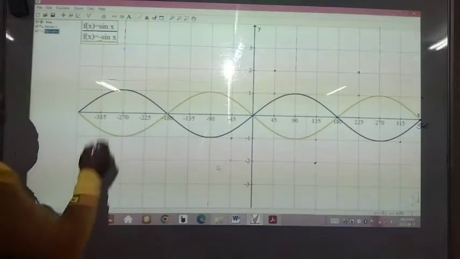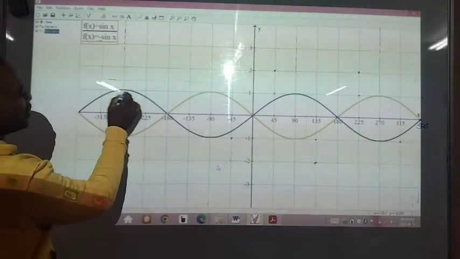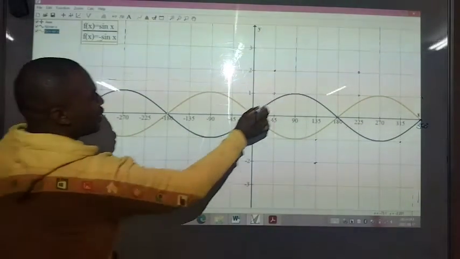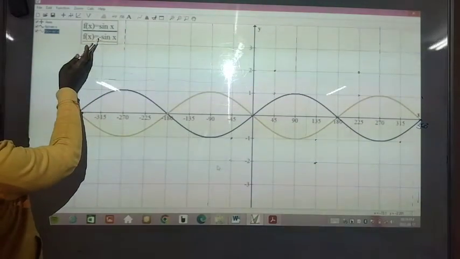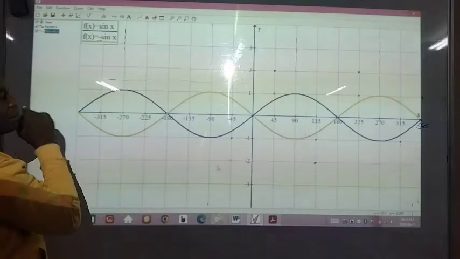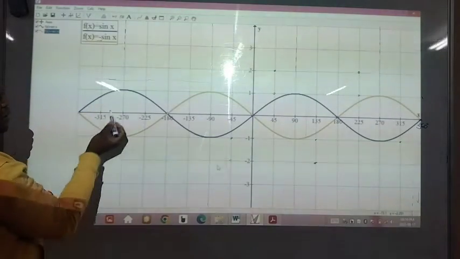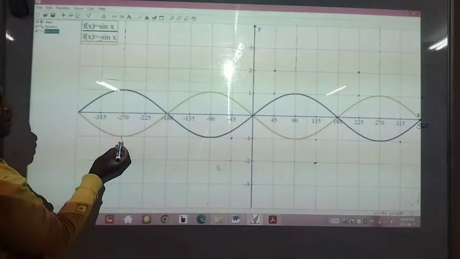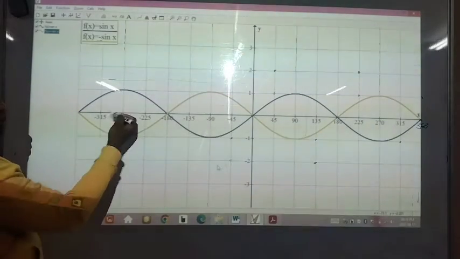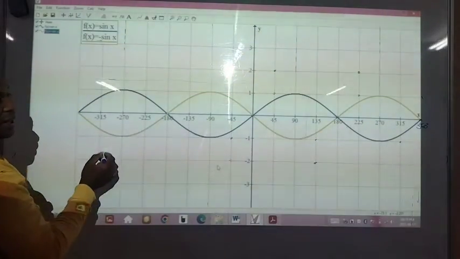So we see that this was the graph. And now, because we are multiplying the y values by a negative, when we have positive 1 multiplied by this negative, the point is reflected along the x-axis.